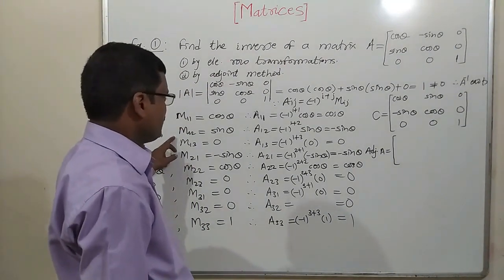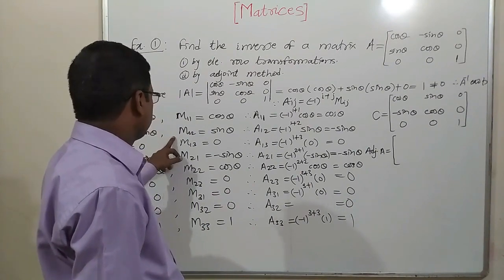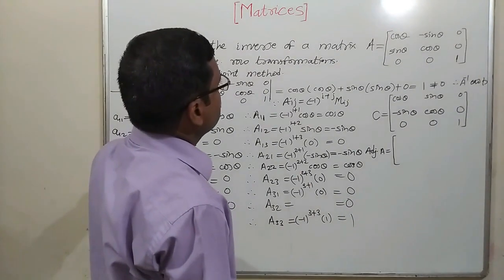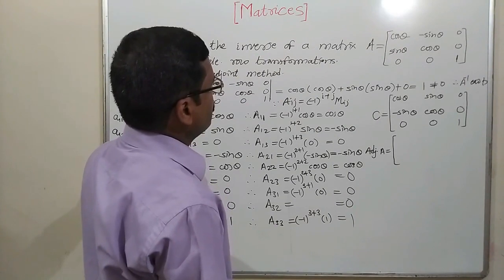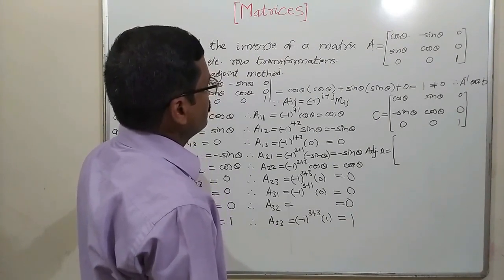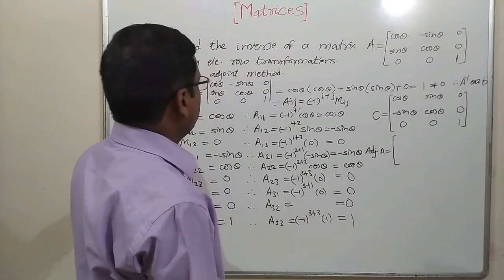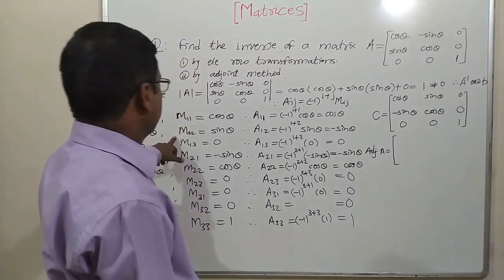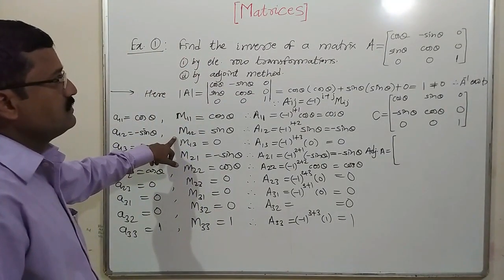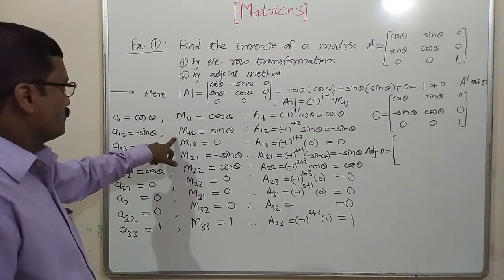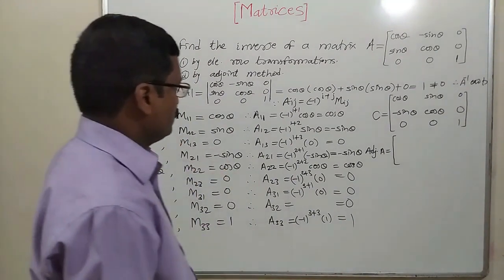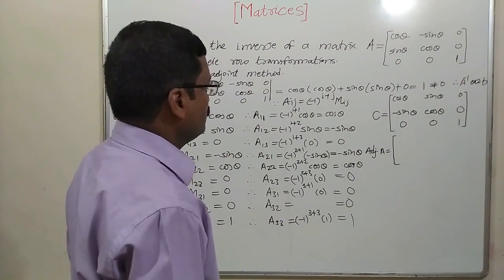One two is 3, then 1 2 is first and second column, and 1 2. This is also sin theta. Both are negative.